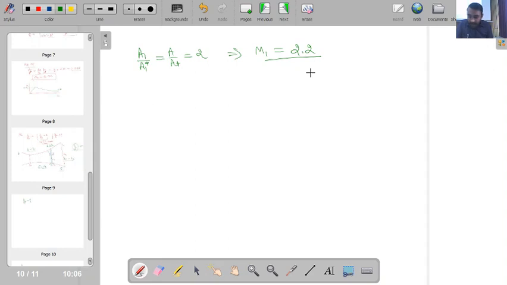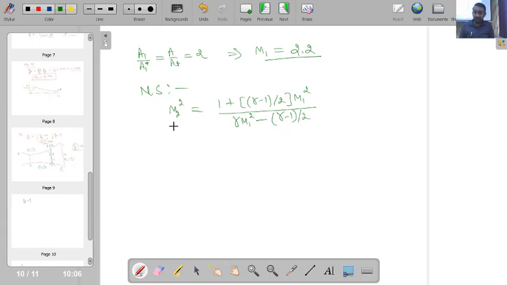Now I know that if I have the presence of a normal shock wave, I can predict the Mach number on the downstream. So for a normal shock wave, M2 square is equal to 1 plus gamma minus 1 by 2 M1 square, divided by gamma M1 square minus gamma minus 1 by 2.